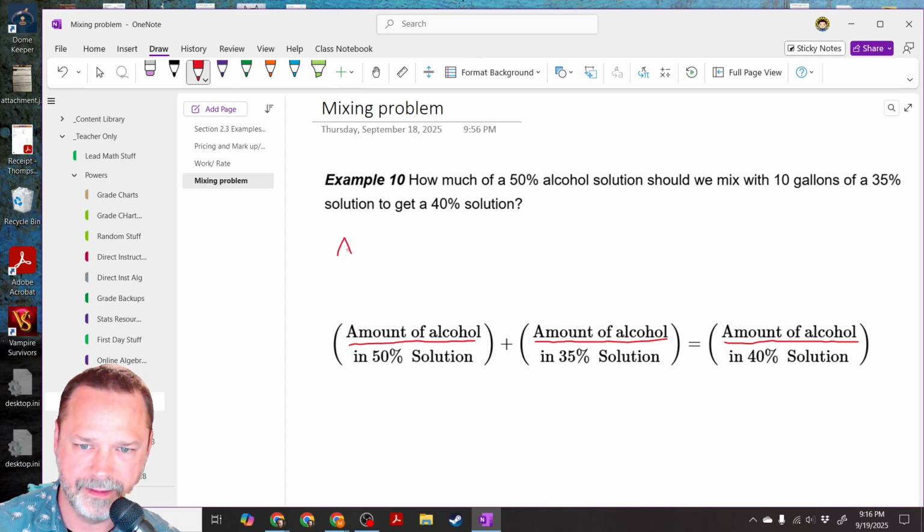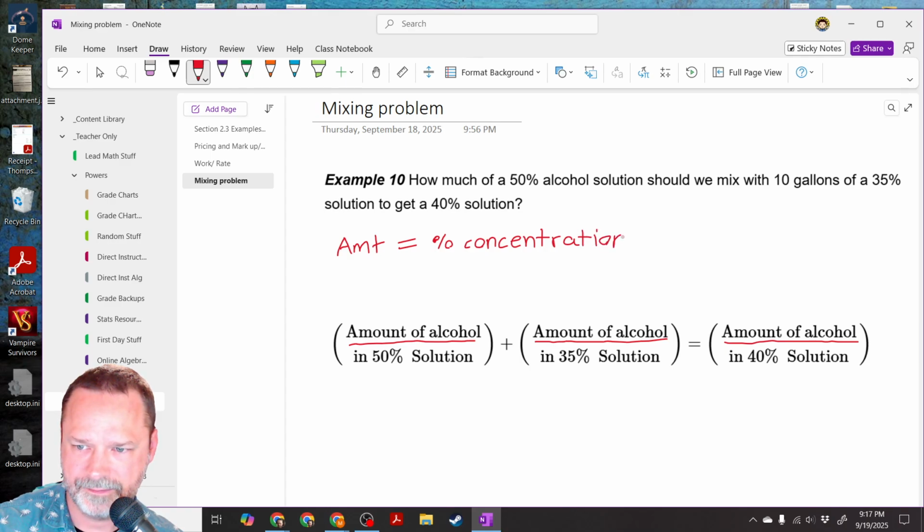So let's say here, the amount equals the percent concentration times the amount of that percent concentration, we'll say the volume of that concentration.